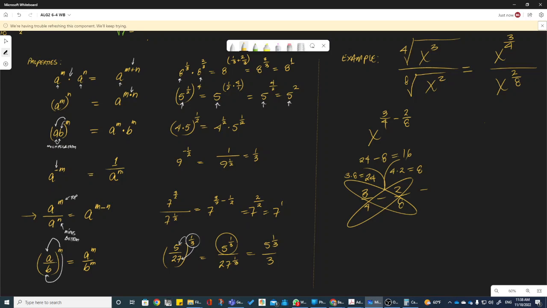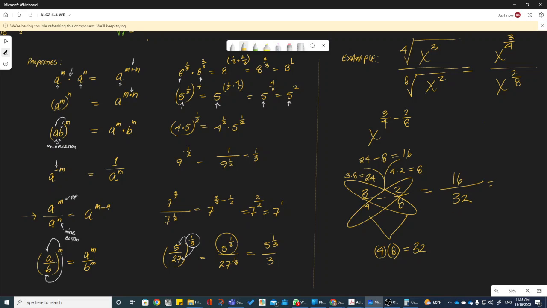Okay, so the solution to this, you take these two and you multiply them together. 4 times 8, right, equals 32. And that's gonna be your new denominator. Okay, and then you put 24 minus 8, 16.